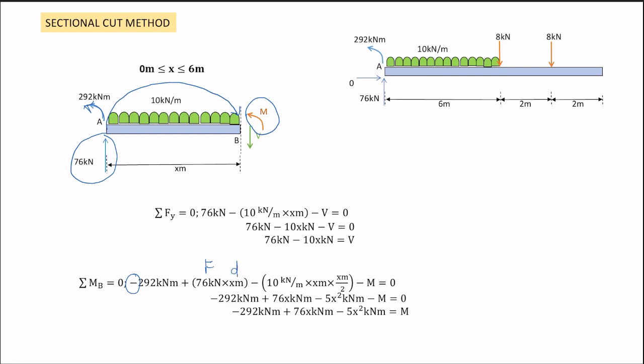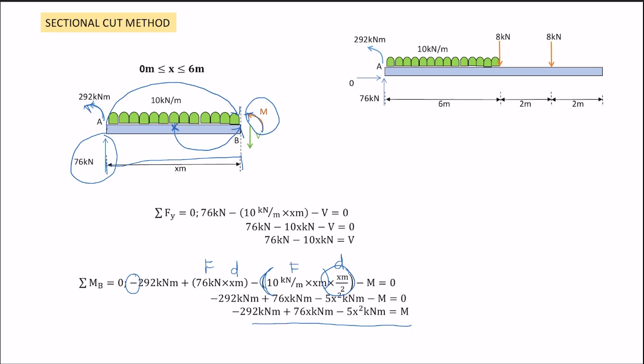You have one UDL 10 kilonewton, that is the length is X meter. Okay, ni adalah force. And the distance from the centroid is going to be X meter bahagi 2. That's why you have to times with X meter bagi 2. This is the distance. And minus dengan M, the reaction. Simplifykan and you will get this value.